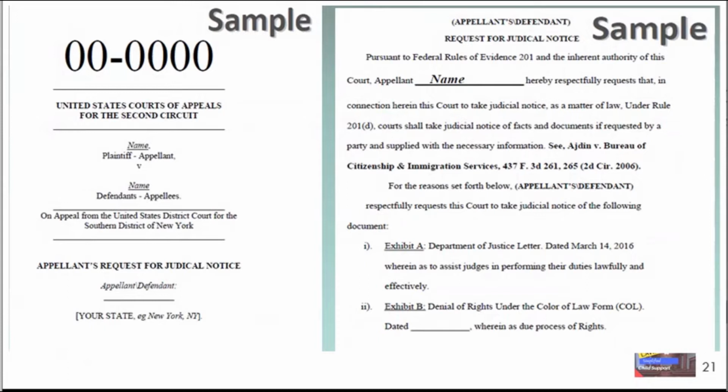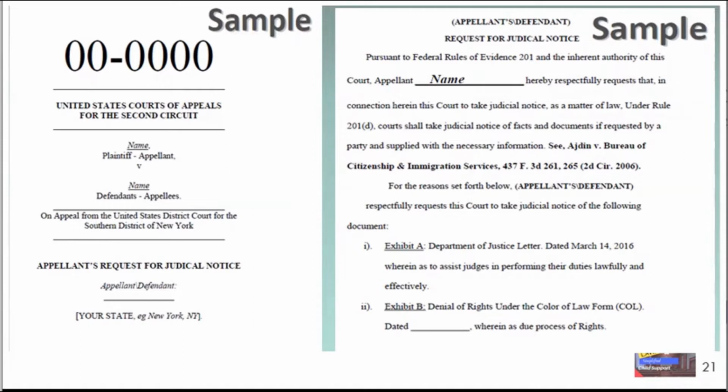And there's the cover page with the appellant and the defendant. In your case, depending on the state you're in and the tribunal you're in, whether it's family court, Supreme Court, or district court, you will have a cover page. Following that cover page, you will have what is called a request for judicial notice. That's your heading.